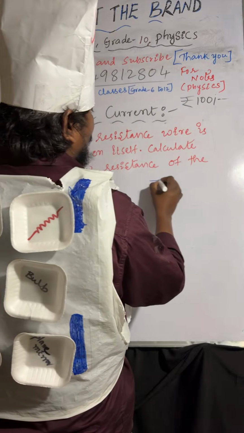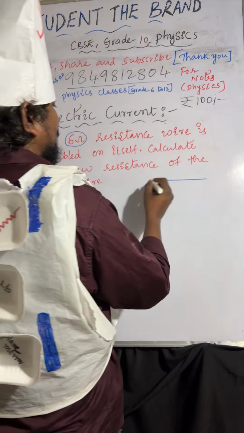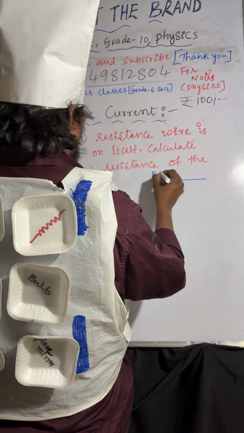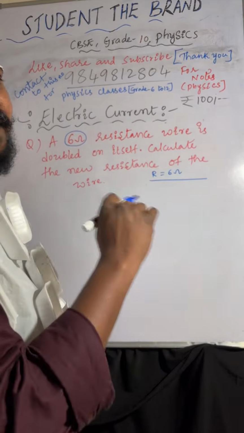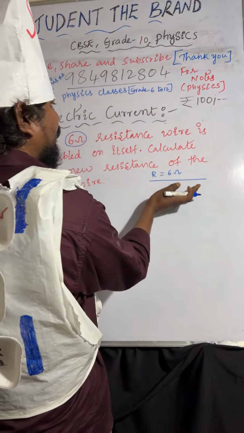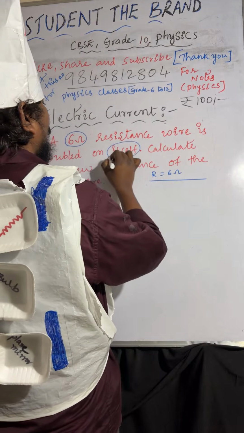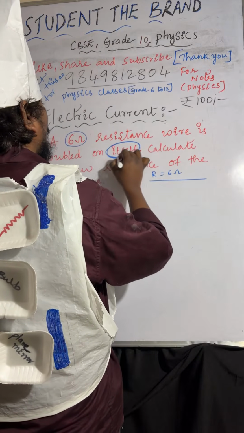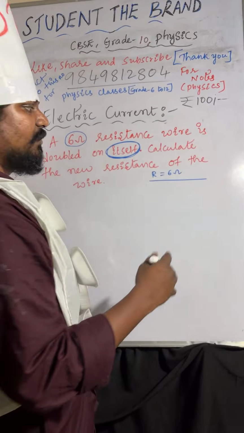So the resistance of the wire is 6 ohm originally. So this wire is doubled on itself. Doubled on itself means it's like folding on itself.